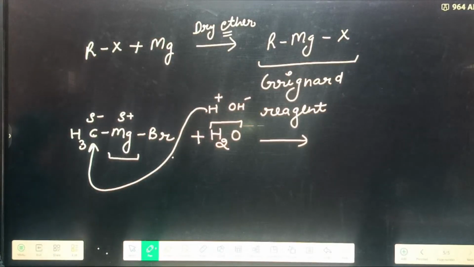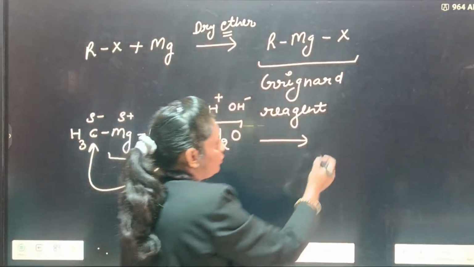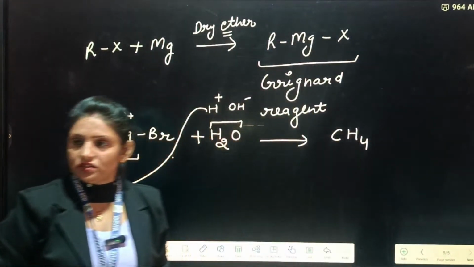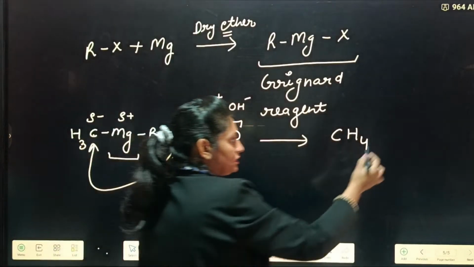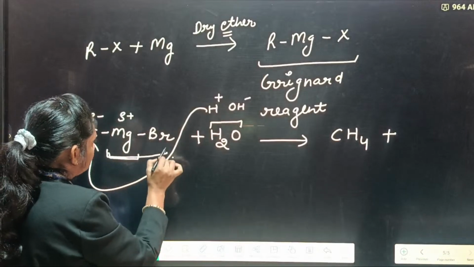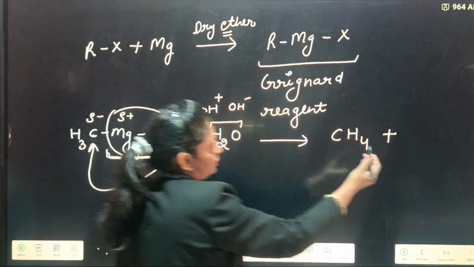CH3 negative and H positive give CH4, plus MgBr positive and OH negative.